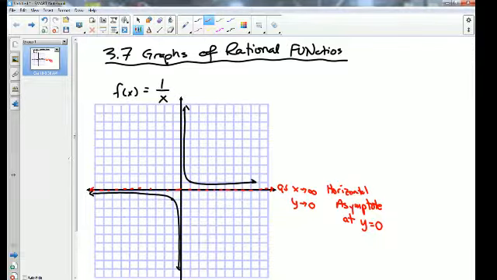The equation of that line is y equals 0, correct? So that's the proper statement you'd want to make: there's a horizontal asymptote at y equals 0.